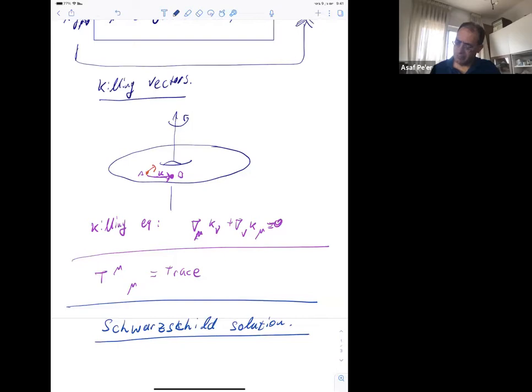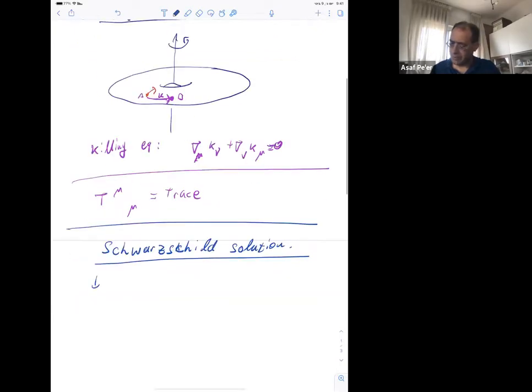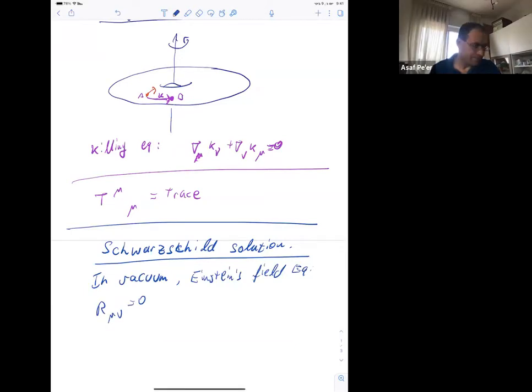In vacuum, we can write down Einstein's field equation just as R mu nu is equal to 0. This is the equation we are really solving.